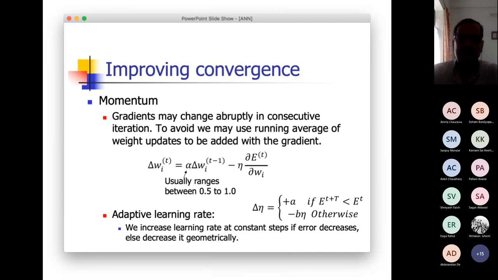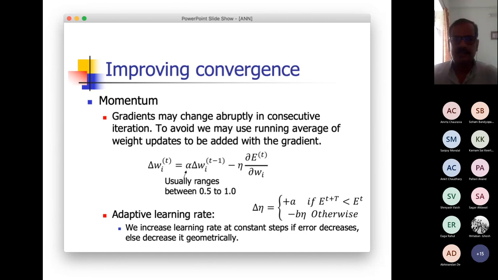Otherwise, the other method could be to use an adaptive learning rate. You can increase the learning rate at constant steps if the error decreases, and you can decrease it geometrically otherwise.